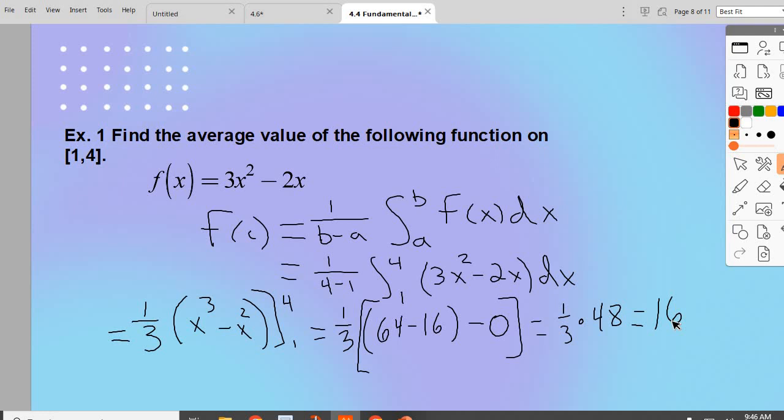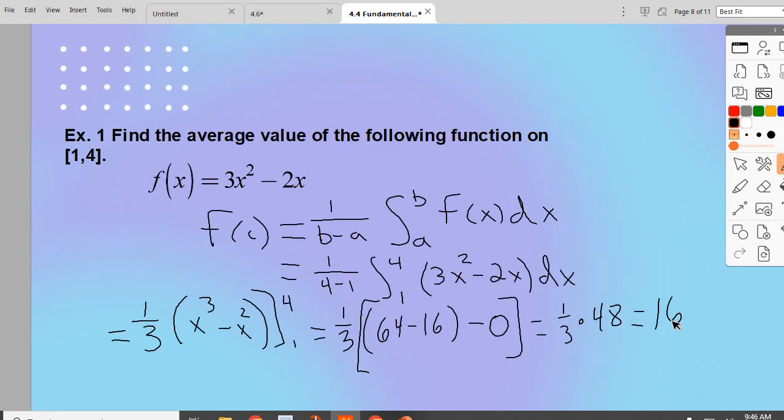Does that make sense? So if it's the average, does that mean there could be multiple c values? Correct. That is true. That is a good point. So if I wanted to know the c value that this happens at, what would we do?